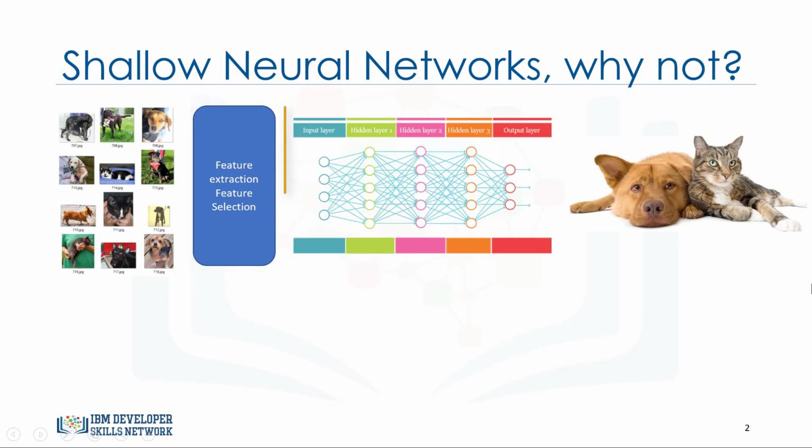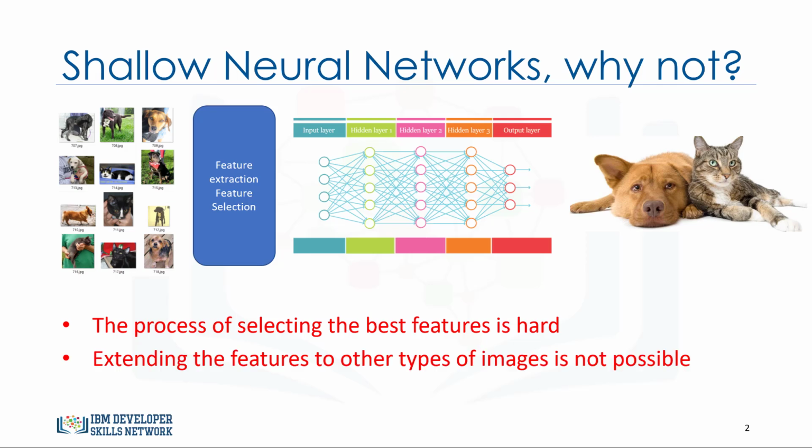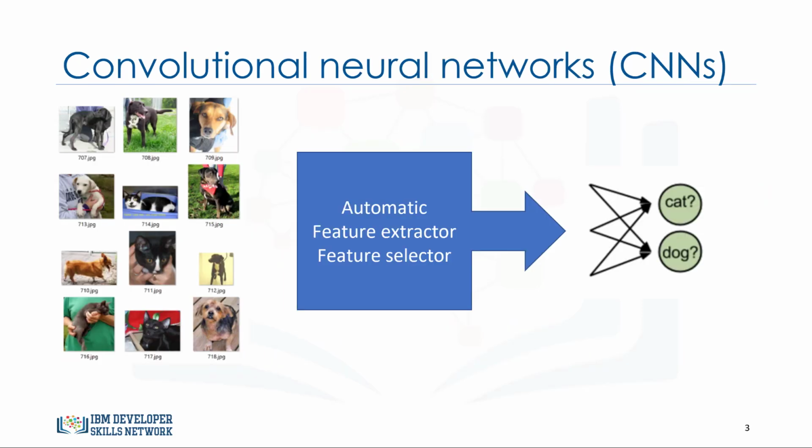Of course, the better and more effective the feature sets you find, the more accurate and efficient the image classification you can obtain. However, as you can imagine, the process of selecting the best features is tremendously time-consuming and is often ineffective. Also, extending the features to other types of images becomes an even greater problem.